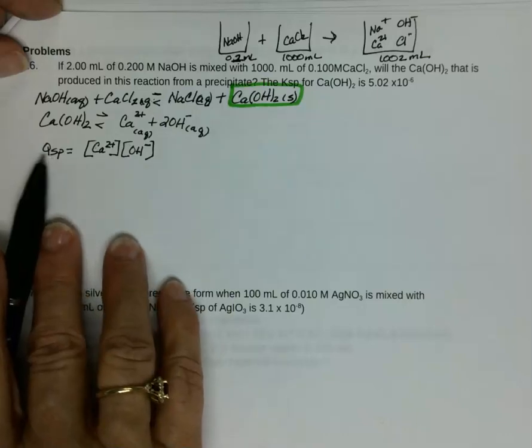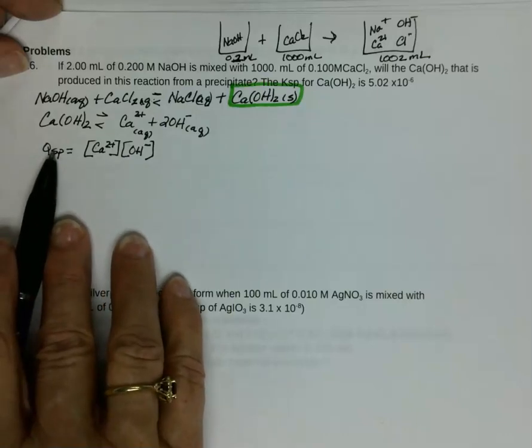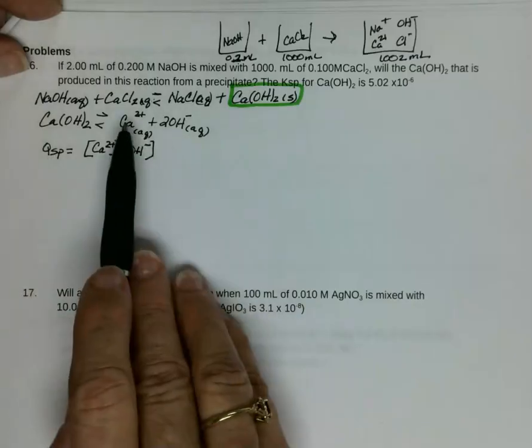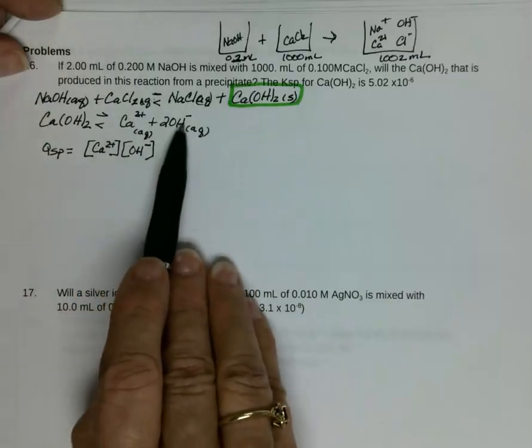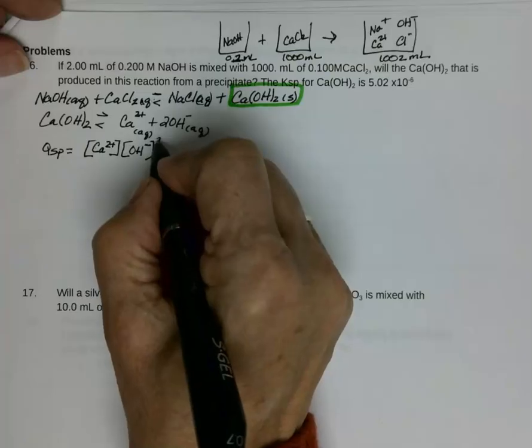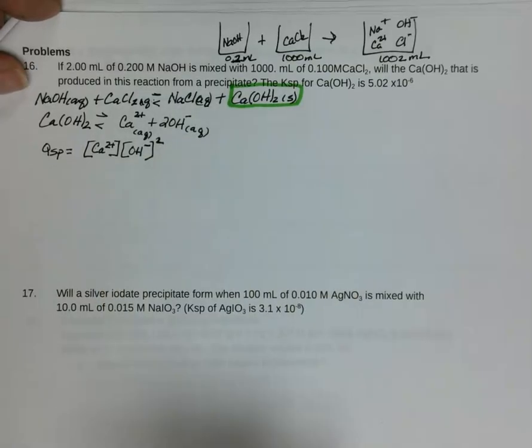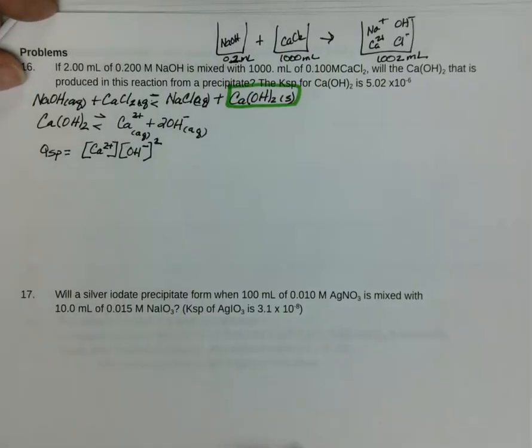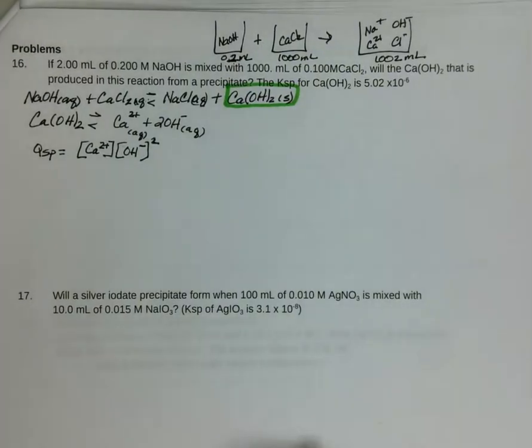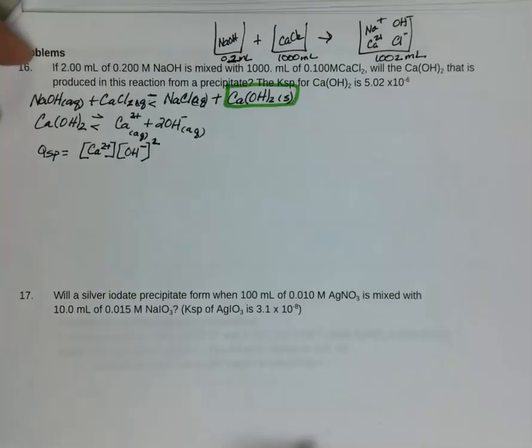Okay, and again, it is going to be our Q for our solubility. So again, this is calcium, we've got our hydroxide, and we've got 2 of those, so we have that squared. So far, this is just my basic information that I know without doing any real work per se.